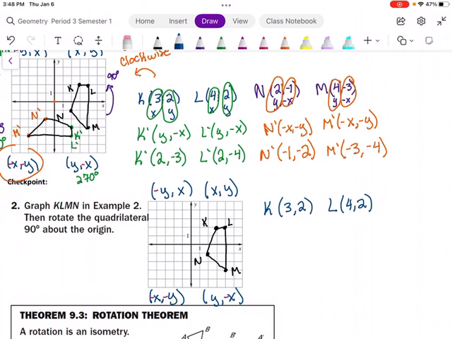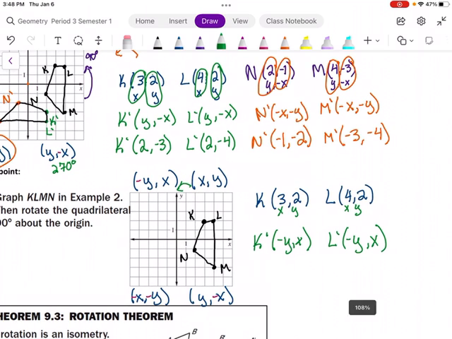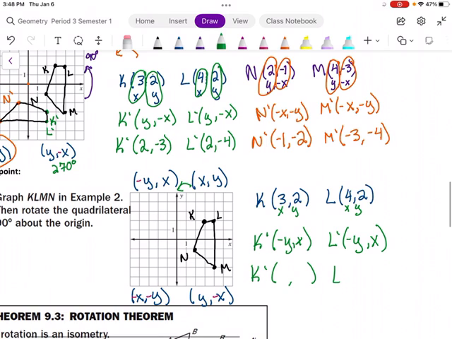And we're going to rotate this 90 degrees, so we're just going to be going over one spot to negative y, x. So we know from the first quadrant this is x and y. So we just need to fill in what our prime values will be.